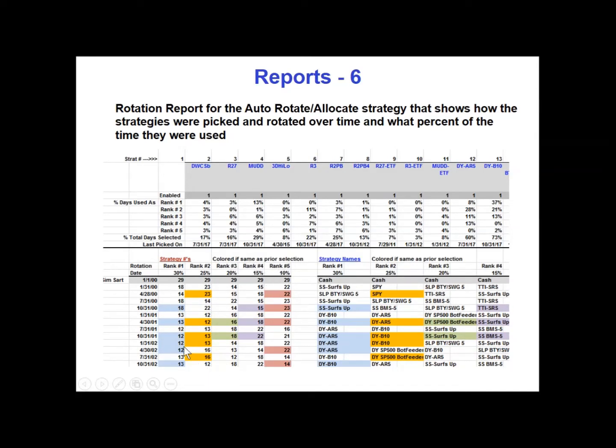So when I go down here, every time there's an orange cell, it was the same as the prior month. Here it picked 12, 3 months in a row. And it also prints out here what your allocation selection is that you have picked.